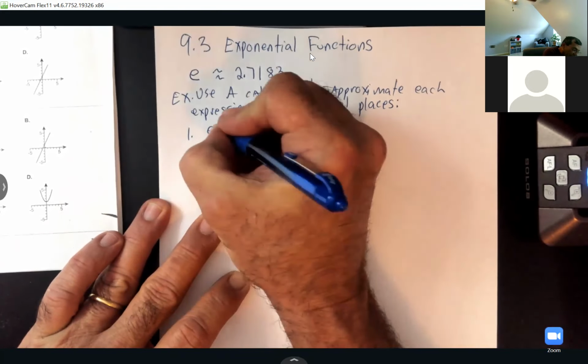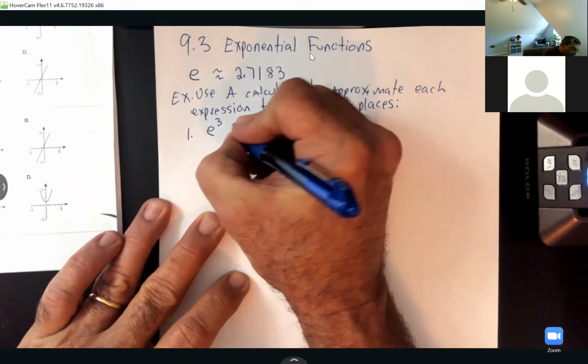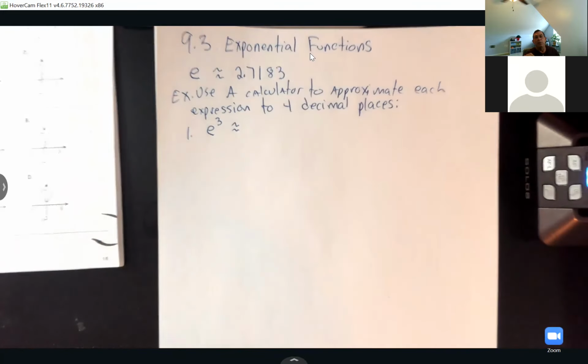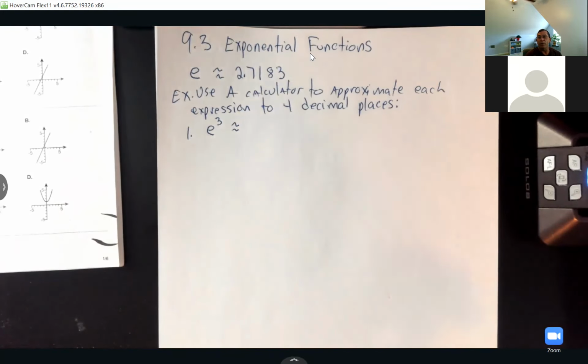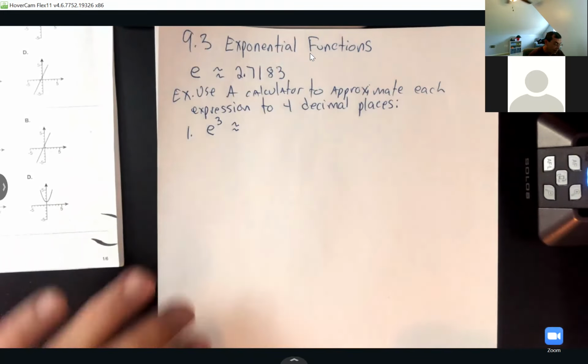I'm going to start with E to the third. The little squiggly equal sign like that means you're approximating your answer or rounding it off, okay?